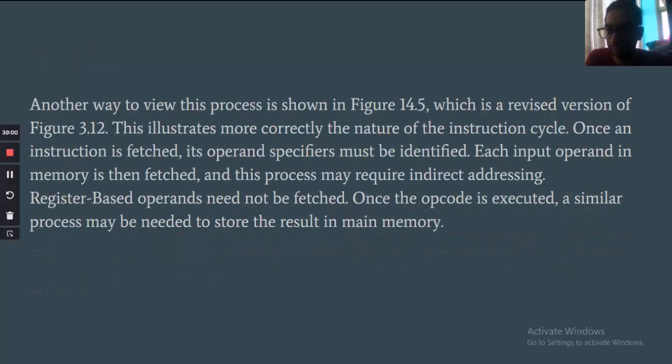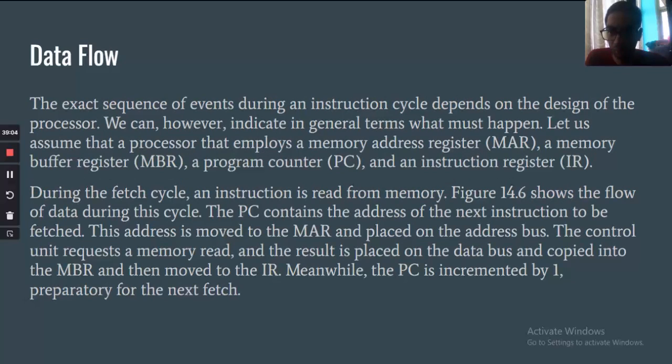Data flow. The exact sequence of events during an instruction cycle depends on the design of the processor. We can indicate in general terms what must happen. Let us assume a processor that employs a memory address register, a memory buffer register, and a program counter. During the fetch cycle, an instruction is read from memory.